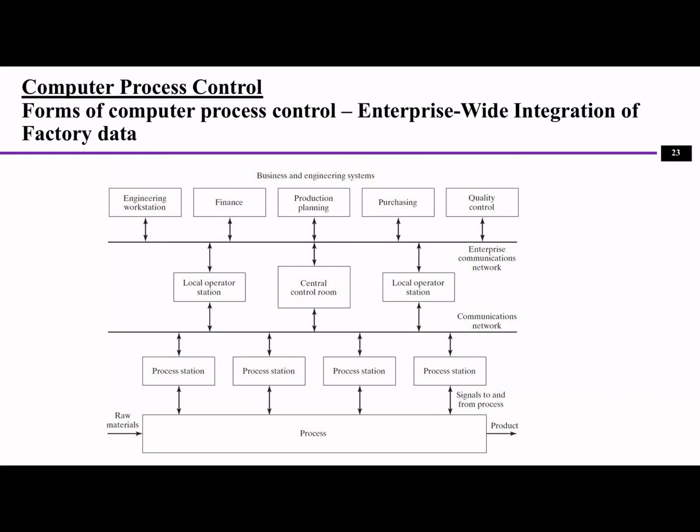So we look at how the overall production works, and then how we can use production planning strategies to change or optimize the operations at the lower levels. So really there are different levels of a control system.